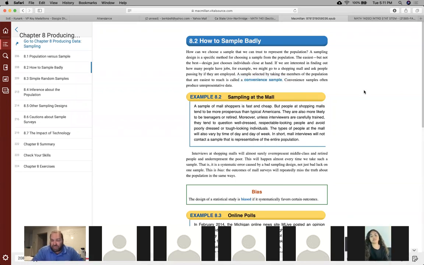A convenience sample is just a sampling that's convenient. I'm going to go outside my house and just ask the first 100 people who walk by. It's convenient, it's quick, I don't have to do much work. They're all there. Why is that a bad sample to represent everyone?